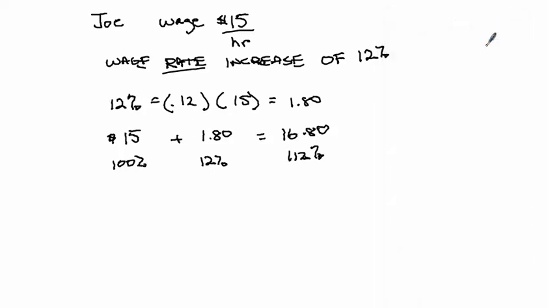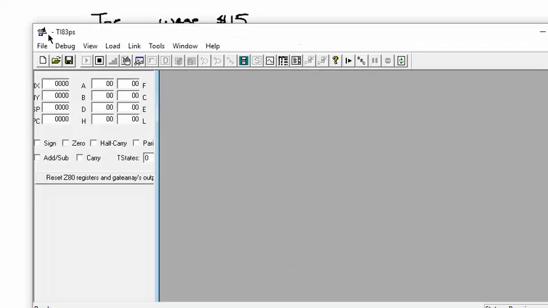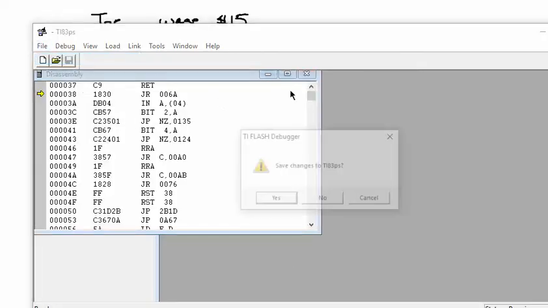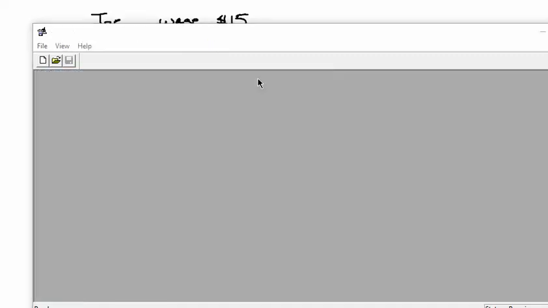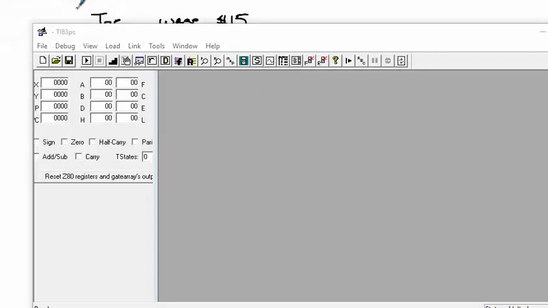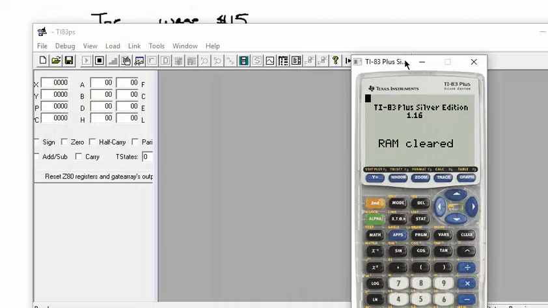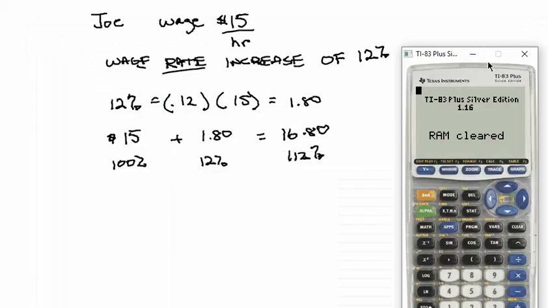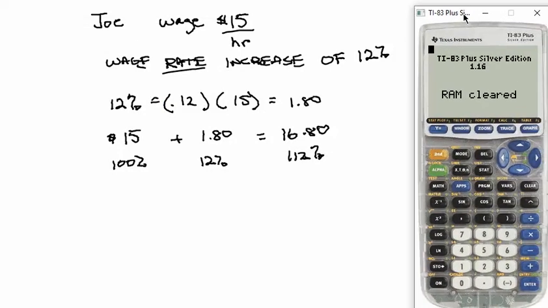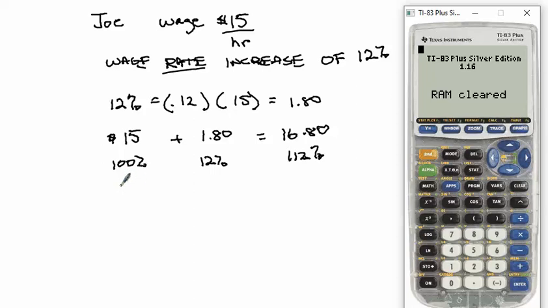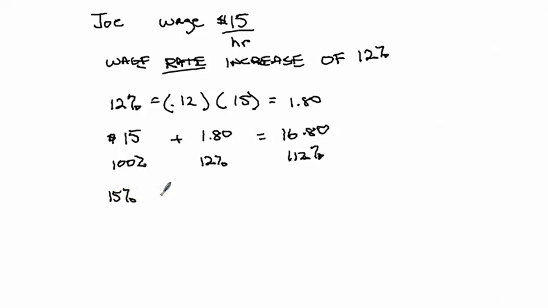Let me get my calculator up again. Okay. So let's say I had a 10%, let's make it 15, a 15% increase in his wage.